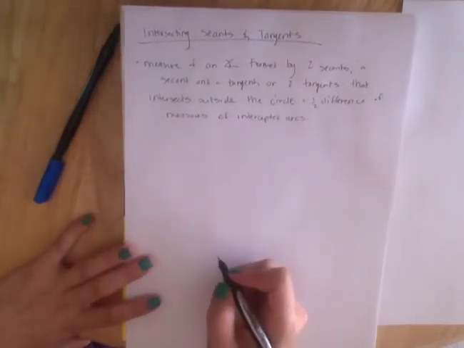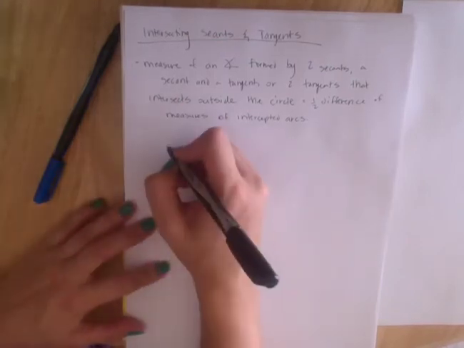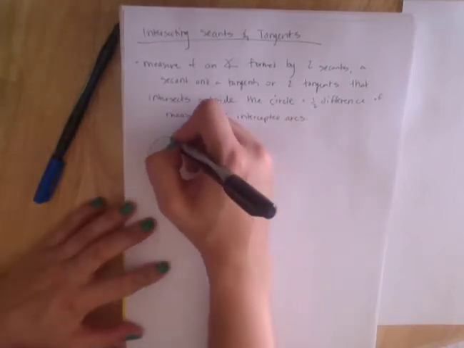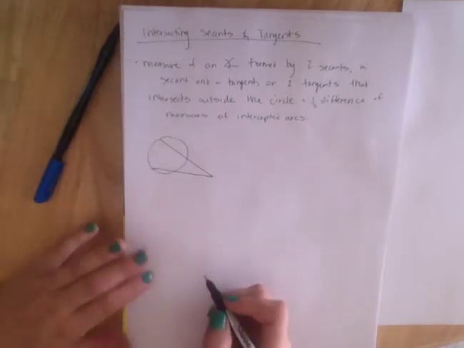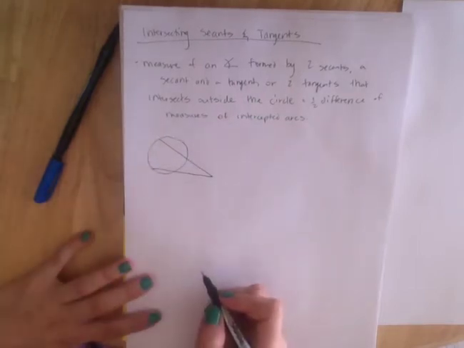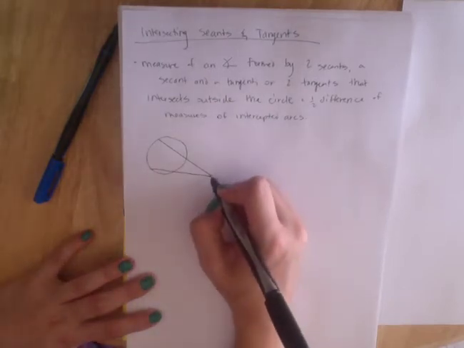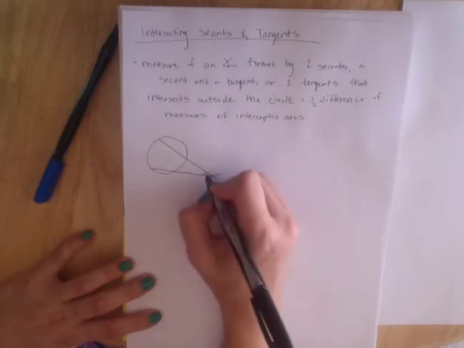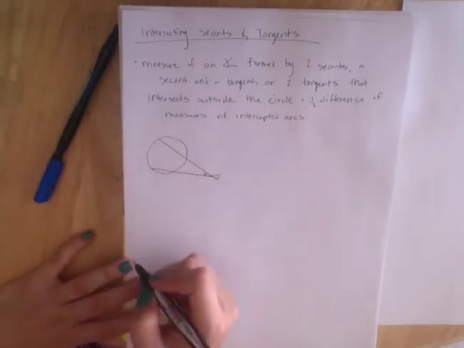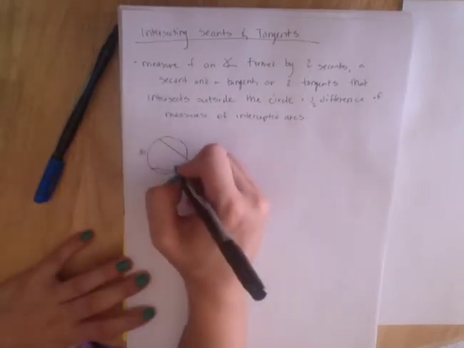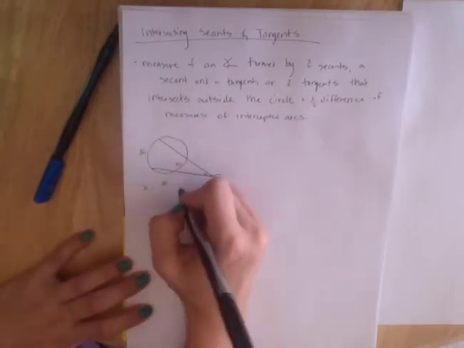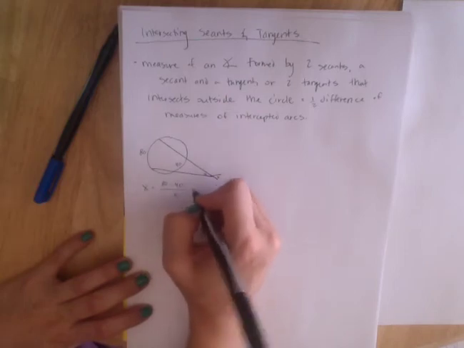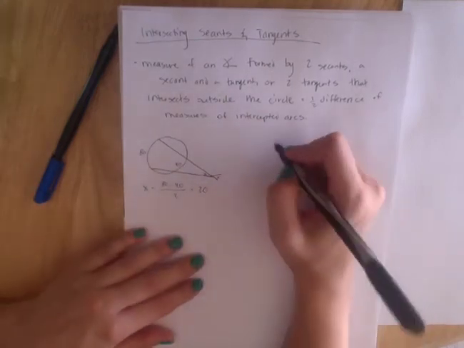Okay, so this could look like we have two secants intersecting outside of a circle. And this is x. Let's say again this is 80, this is 40. x is 80 minus 40 over 2, which gives me 20.